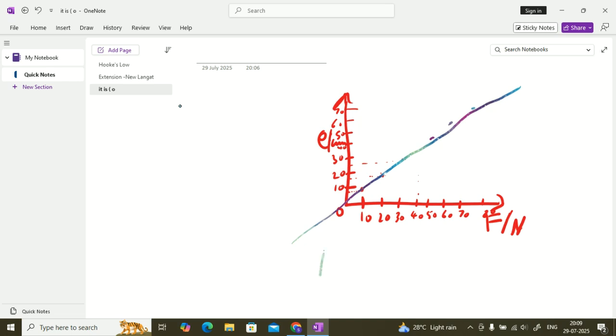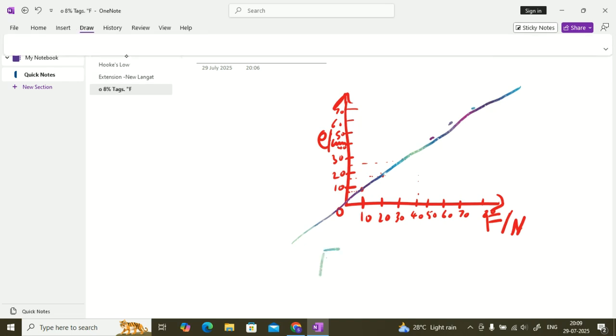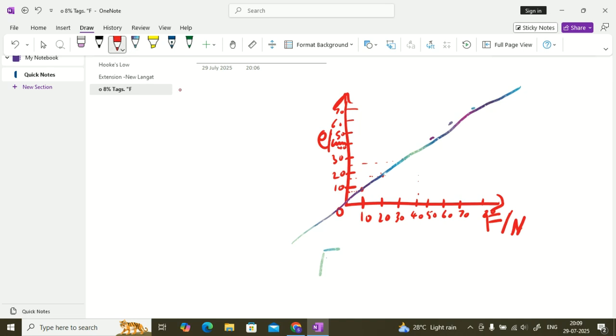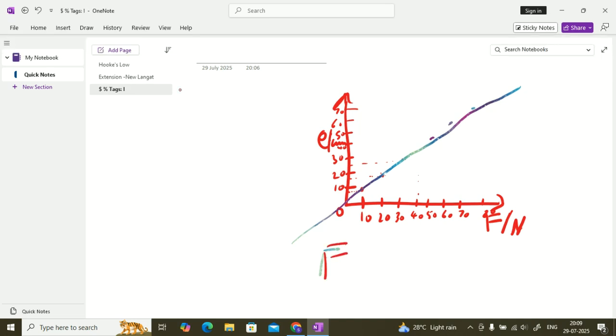This proves that the force we are taking and the extension which is happening are directly proportional to each other. Okay, so we can take extension as E, or we can take extension as X. In most IGCSE textbooks, it is given as X also.